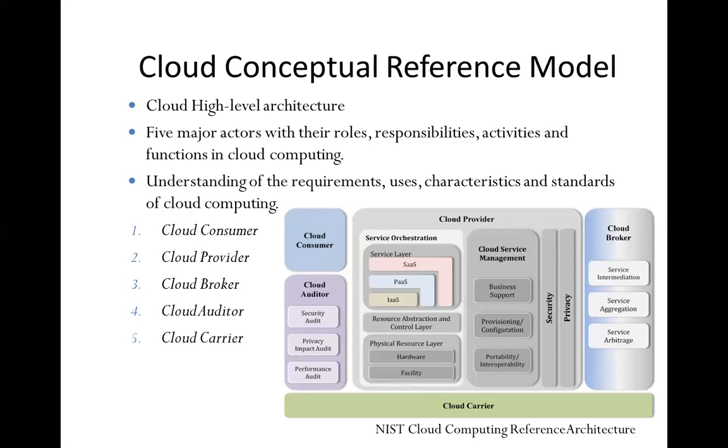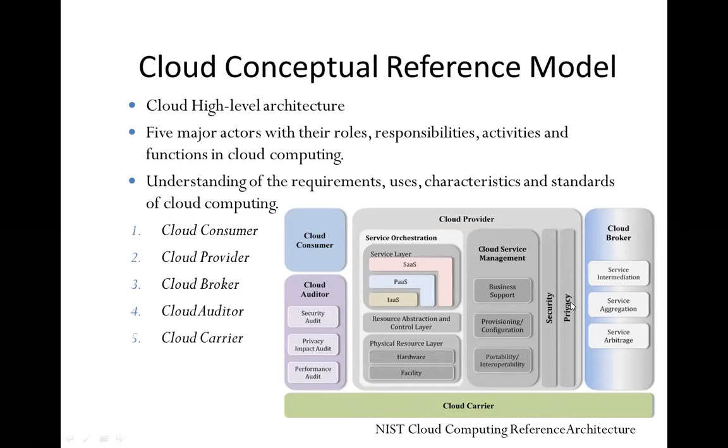You can see the different actors here: cloud consumer, cloud broker, cloud auditor, and cloud provider. And here in the green bar, that is the cloud carrier. So this is the basic architecture of cloud computing.